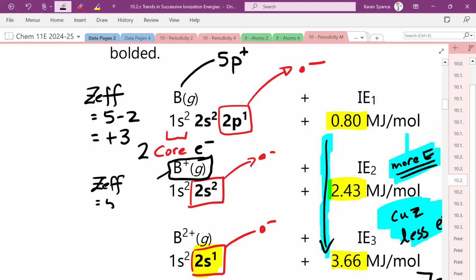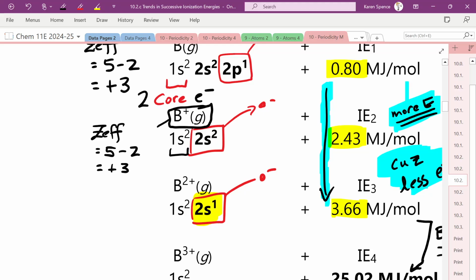Good, thank you. How many core electrons does B plus have? 2. Oh, guess what? Zeff is still plus 3. And when we have B2 plus, oh my goodness, we still have 5 protons. We still have 2 core electrons. And so Zeff is plus 3.